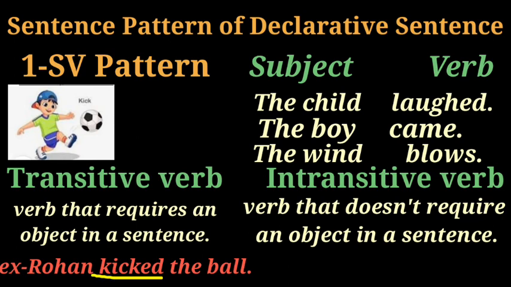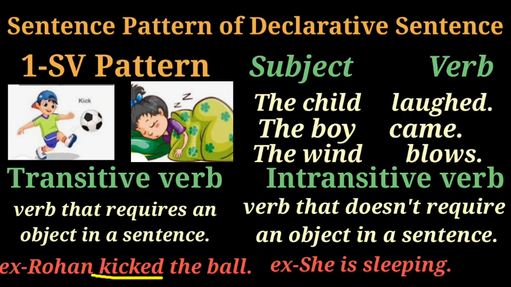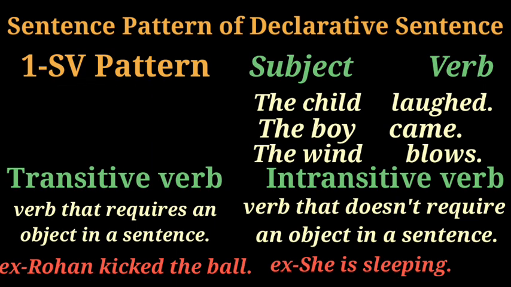Here the verb kick is a transitive verb because it has the direct object, the ball, to receive the action. But if we take the example, she is sleeping, here the verb sleep is an intransitive verb because it doesn't have any direct object to receive the action.